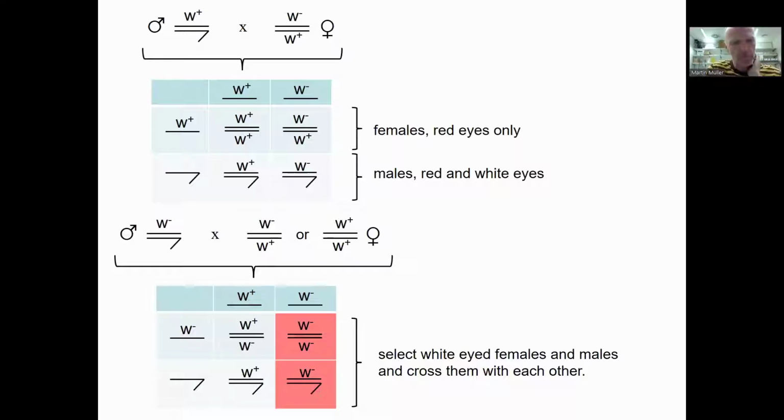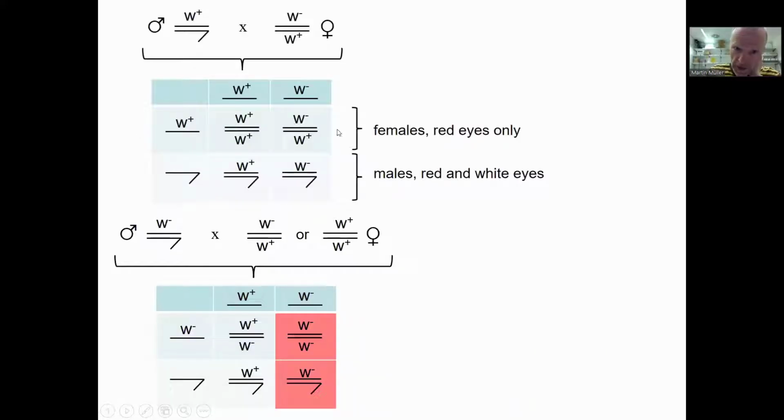But to make the long story short, you could keep the male, the red male which he originally isolated here, and cross them to females that he got here in the first place.